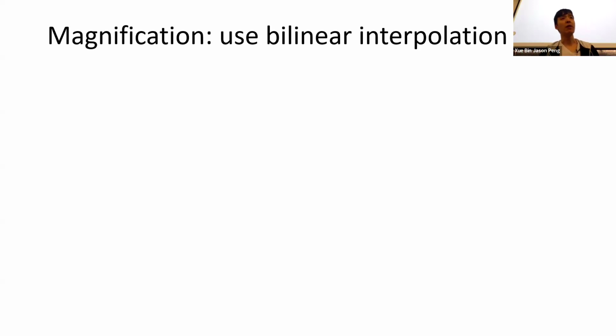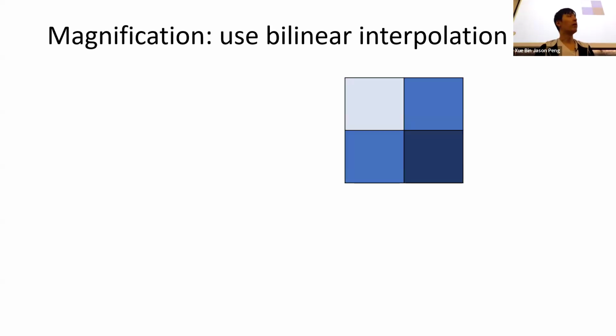Magnification artifacts happen when we are looking very close to the surface of an object. So this is when a pixel only covers a very small area in the original texture. So for example, let's say I have this very simple 2x2 texture, and my pixel ends up mapping to this particular point in the texture.